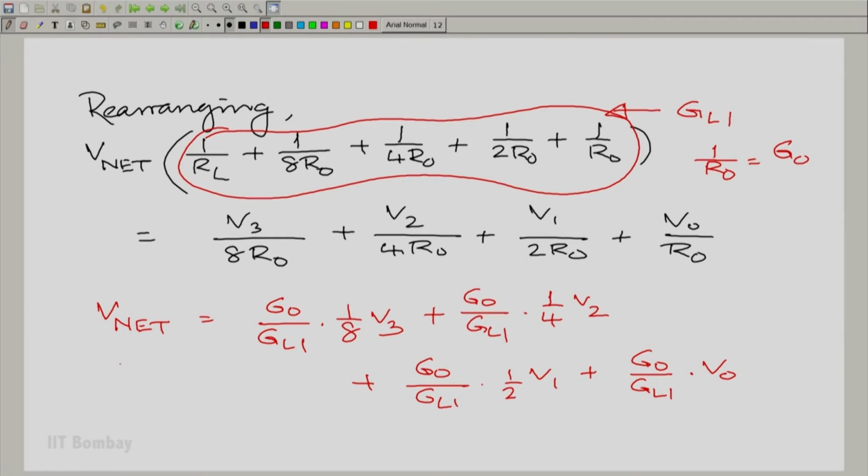So, you notice that V net has a combination of 4 terms. It is proportional to a sum of 1 by 8 times V3 plus 1 by 4 times V2 plus 1 by 2 times V1 plus V0. So, V0 is being given the most significance, V1 is being given half that significance, V2 1/4 and V3 1/8. So, you could think of V0 as being the most significant bit here and V1, V2 and V3 in decreasing order of significance.